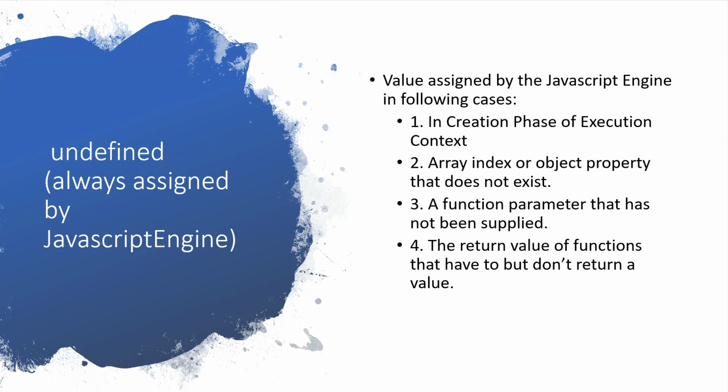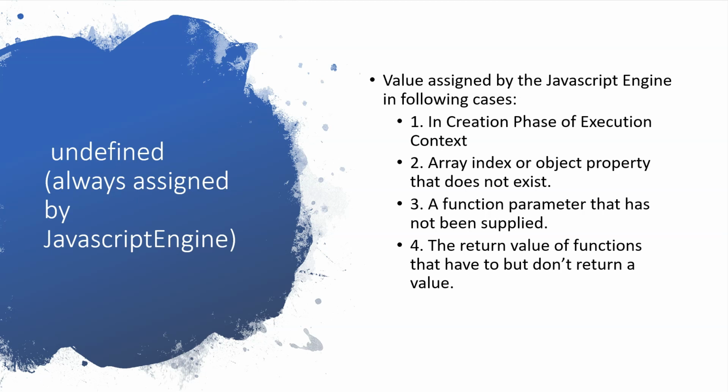In cases when an object property does not exist, undefined will be assigned. If your object does not have a particular key and you try to access it, undefined will be assigned by the JavaScript engine.